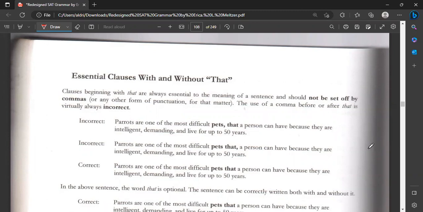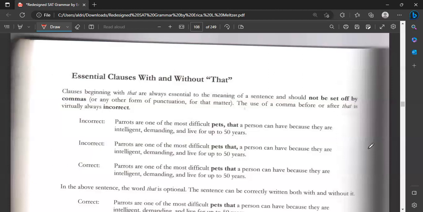So you'll see, when we see these examples, usually the word "that" is giving some important meaning or context. So it should not be set off by commas or any other punctuation. If you see a comma right after the word "that" or before the word "that," that's pretty much always incorrect, as the book has said, virtually always incorrect.